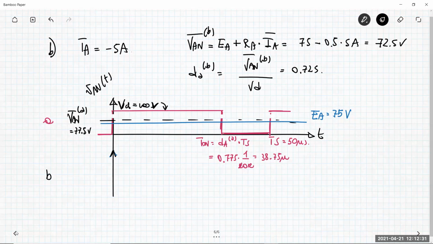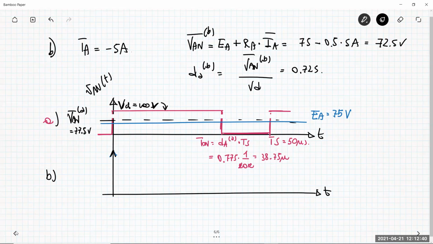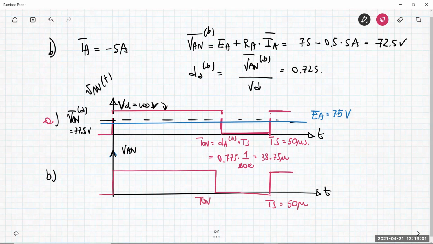What happens in the case B? In the case B, you have a duty cycle which is a little bit lower. TS is always 50 micro. T on in that situation, T on B, is 0.725 multiplied by 50 micro, so it is 36.25 micro.